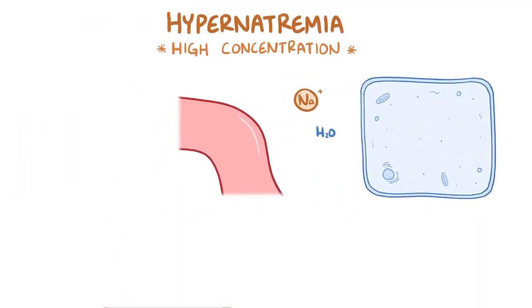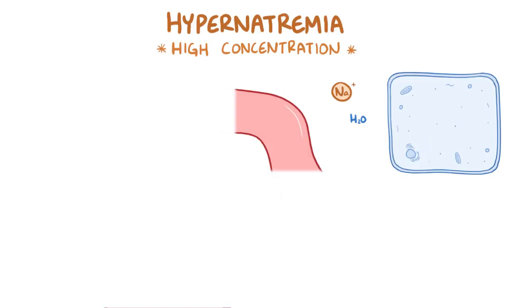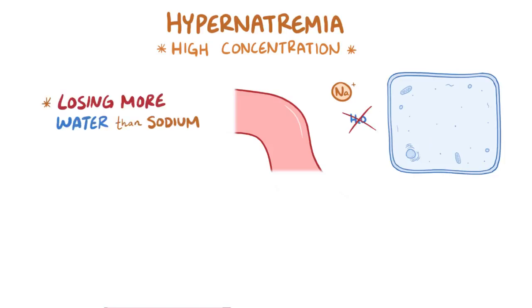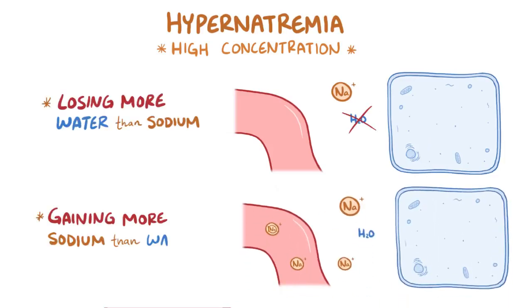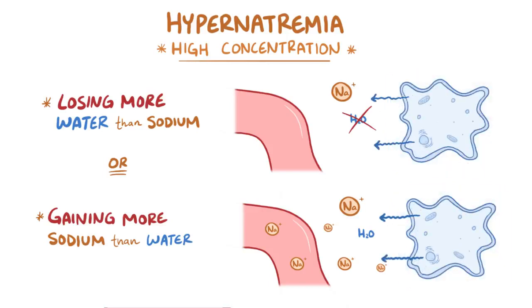So with hypernatremia, someone can have a high concentration of sodium in the extracellular fluid and therefore the blood by either losing more water than sodium or gaining more sodium than water. Either way, this increases the sodium concentration in the extracellular fluid, which draws water out of the cells.